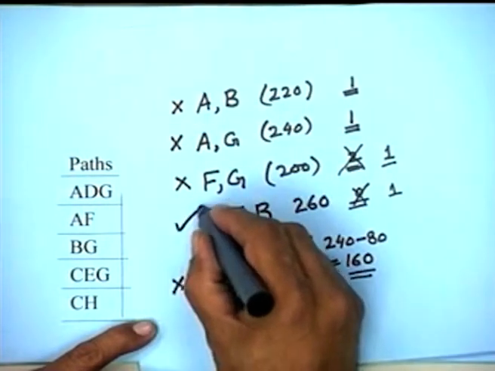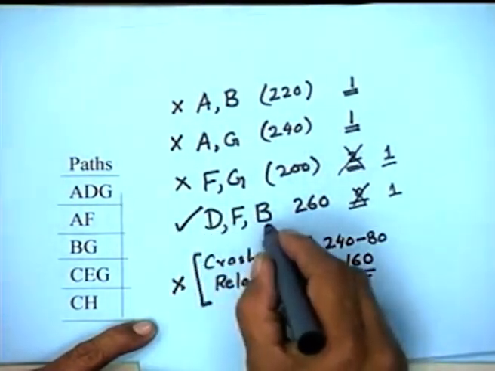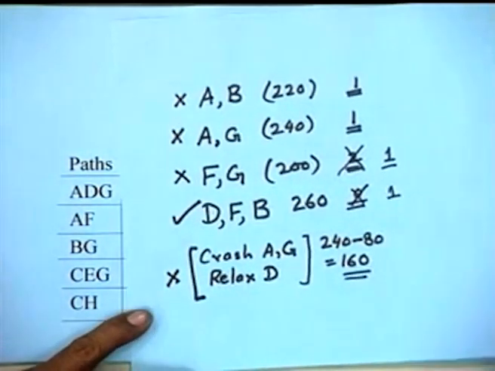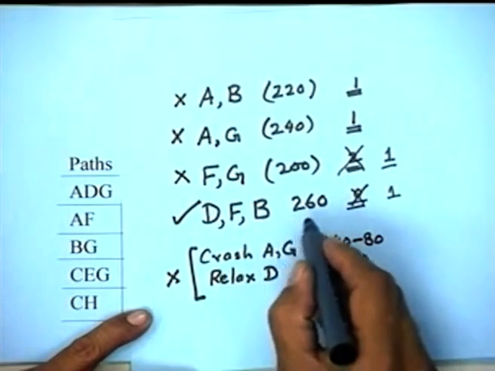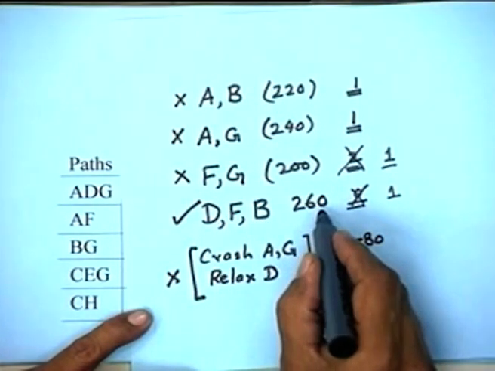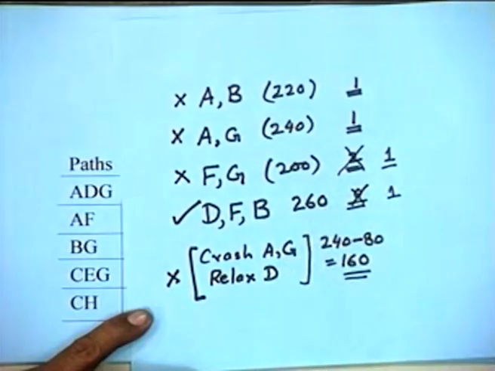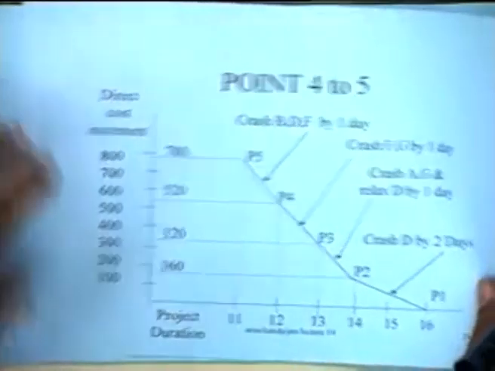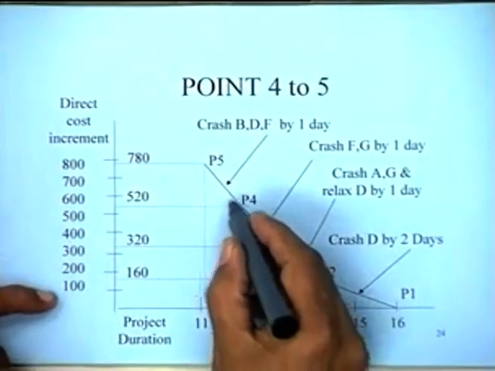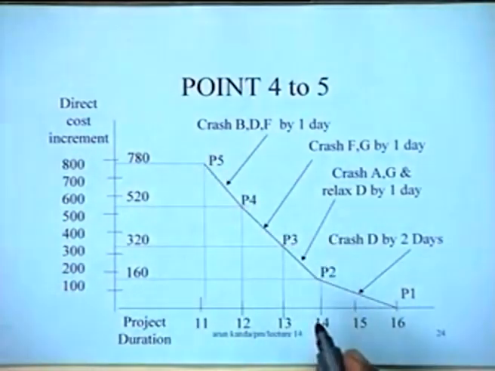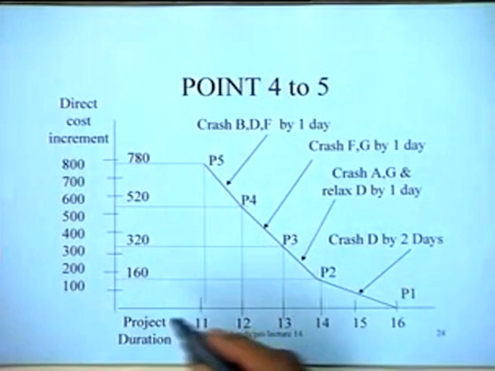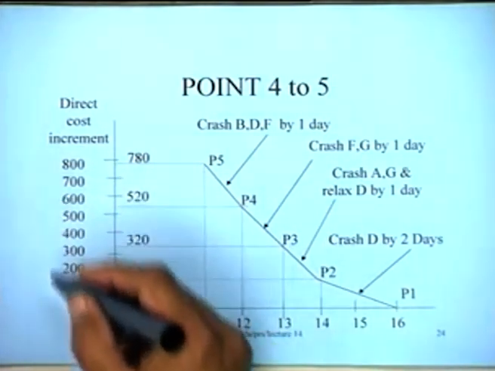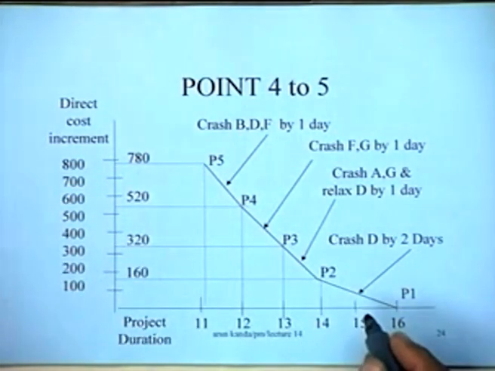So we will take this option. We will crash D, F and B, and crashing D, F and B will mean a cost of 260 rupees per day. So we move from point 4 to point 5 in the project cost curve. We are actually generating the direct cost curve in this process.